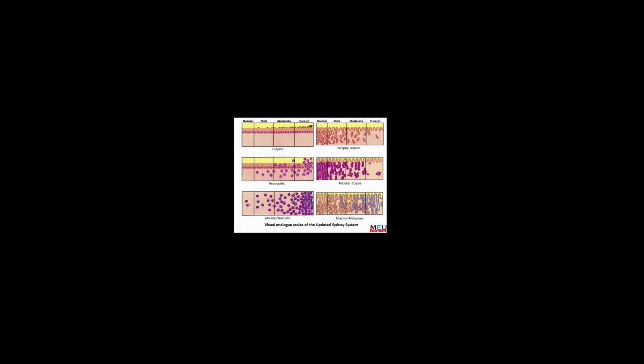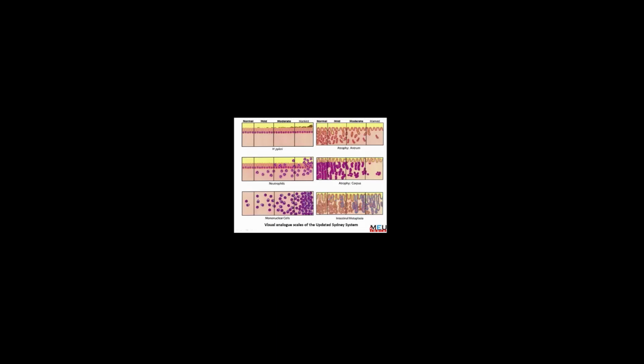The neutrophils, again, are mild with a few neutrophils, moderate when the neutrophils are increased, and severe when the neutrophils are markedly increased. For the mononuclear cells, normally an occasional mononuclear cell is seen, and the mononuclear cells can be increased according to mild, moderate, severe.